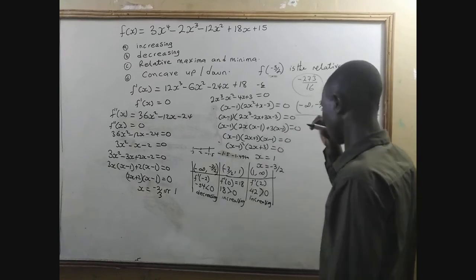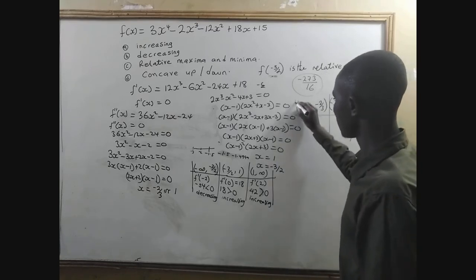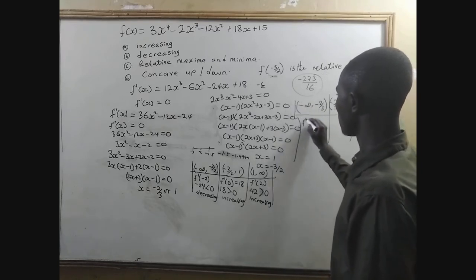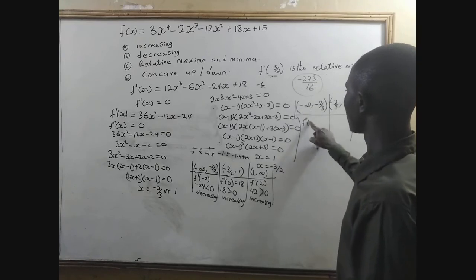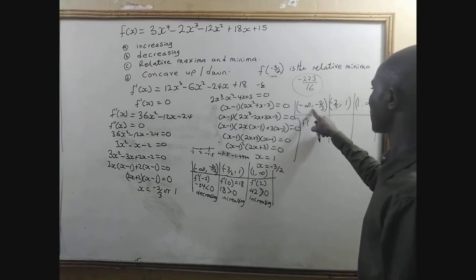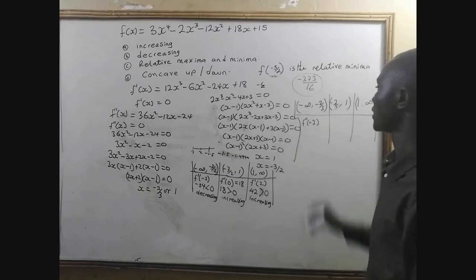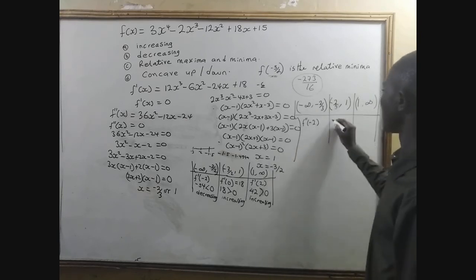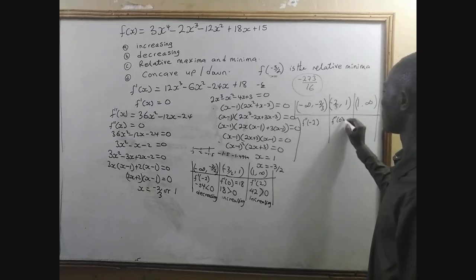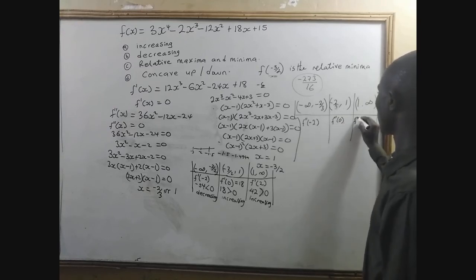Okay, so now let us test values here for f double prime. Within this interval, we can take negative 2. Within this interval, we can test for f double prime of 0. And here we can test for f double prime of positive 2.